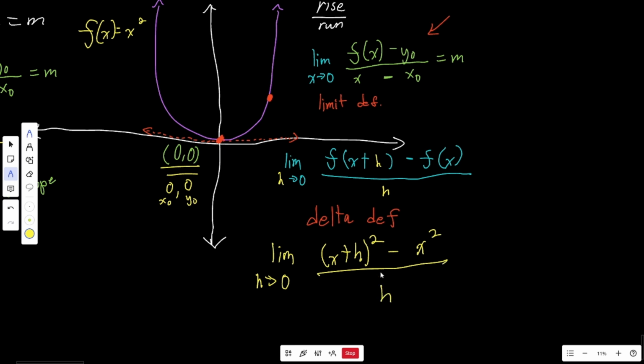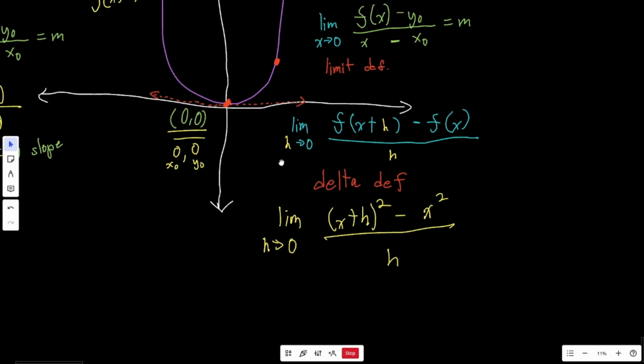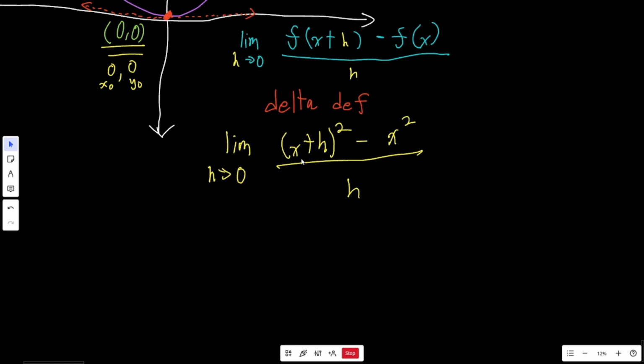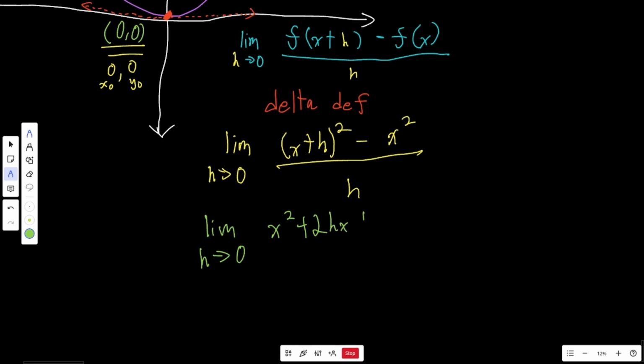This is over h. Now, to further simplify, we can expand x plus h squared and it becomes x squared plus 2hx plus h squared minus x squared over h.